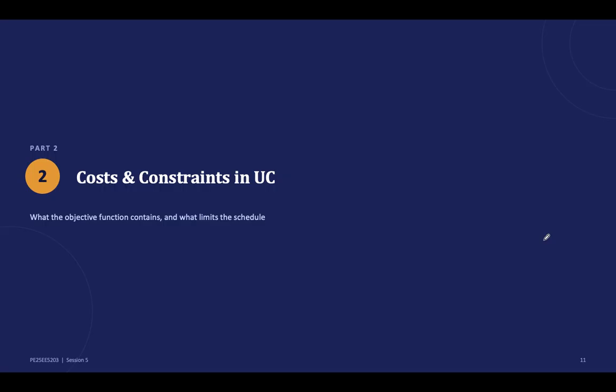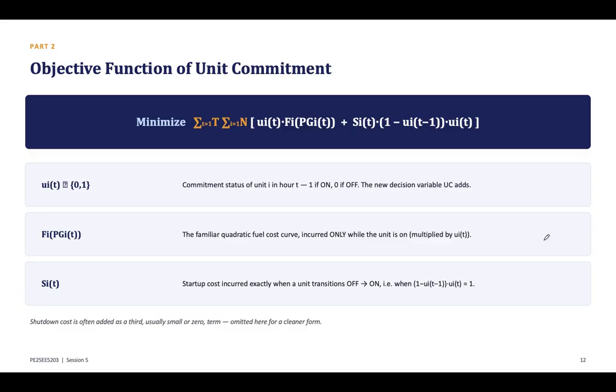So the difficulty of unit commitment comes from this interaction between economics, security and time. If you look into the objective function of unit commitment, this is where the real unit commitment starts. The objective function combines time, operating status, and transition cost.